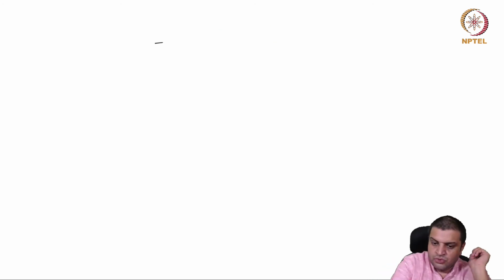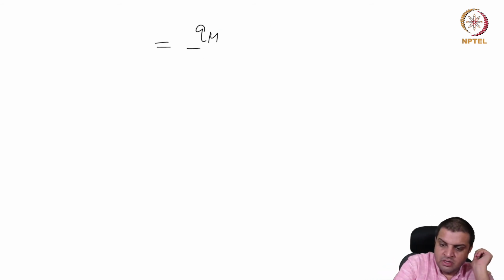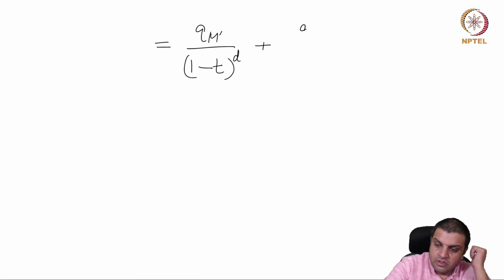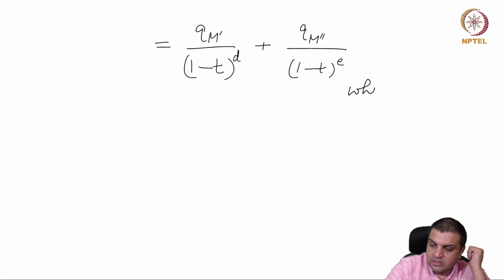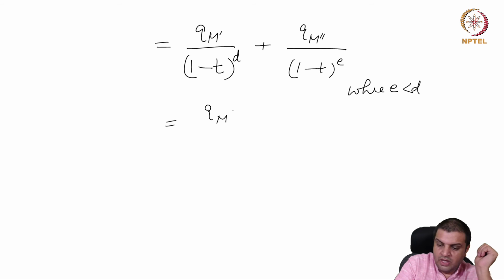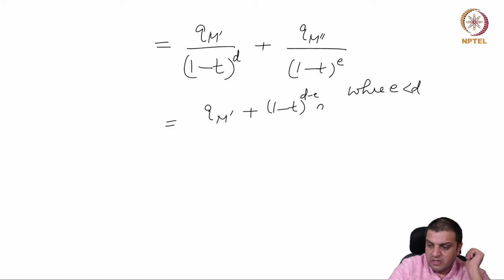So this is of the form some Q_M over 1 minus T to the D. M prime is Q_M prime over 1 minus T to the D, that's the leftmost one, plus Q_M double prime over 1 minus T to the E, where E is less than D. So when we rewrite this thing, we would get Q_M prime plus (1 minus T) to the D minus E, which is positive, times Q_M double prime, over 1 minus T to the D.